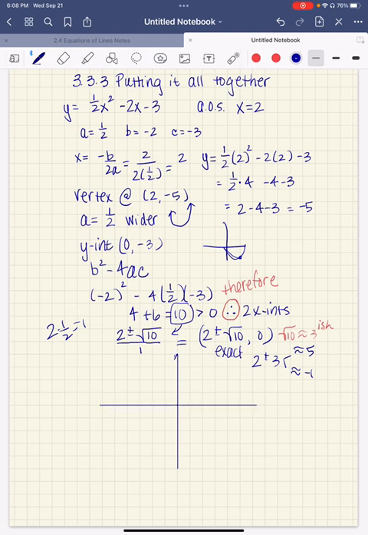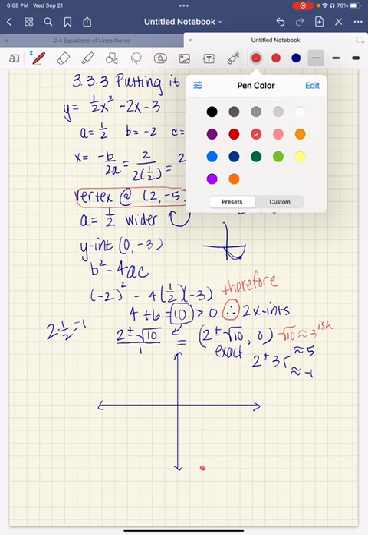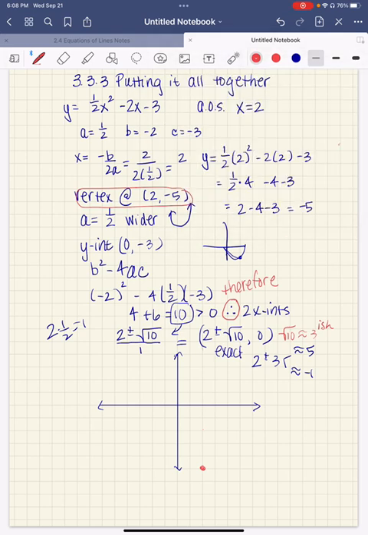There we go. I'm going to start with my vertex. So my vertex is at 2, -5. My axis of symmetry is at 2. My y-intercept, we said, was at 0, -3.